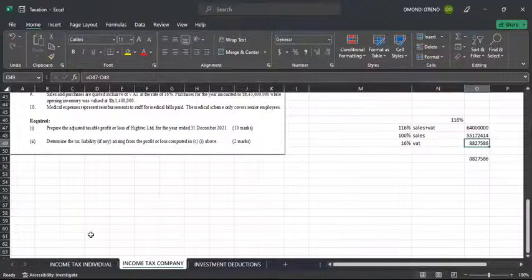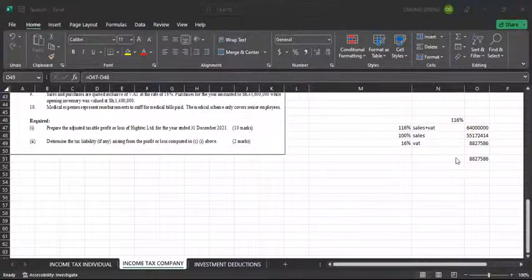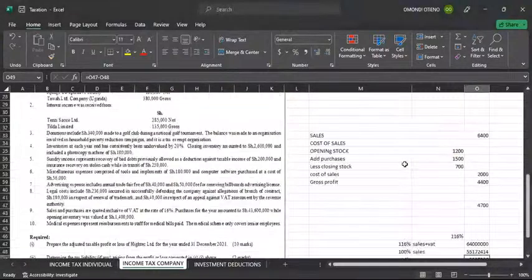Is that clear? Yes, so that's what we did to get the value of VAT up there.